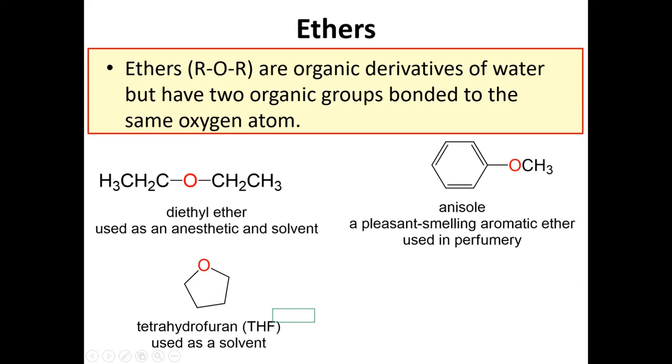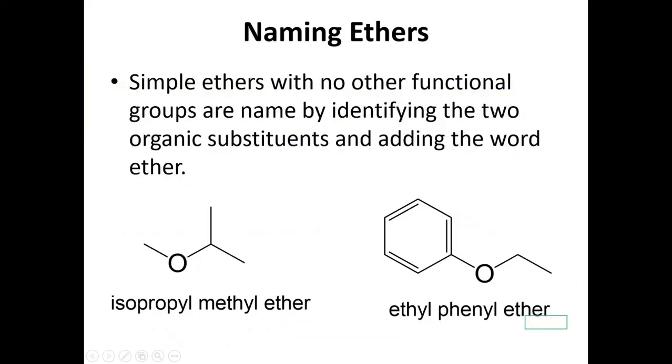When the ether is in the formation of a cyclic compound, for example here you have 1, 2, 3, 4 carbon in the cyclic compound, with oxygen in between this carbon and this carbon, we will name it tetrahydrofuran or THF, which is used as a solvent.